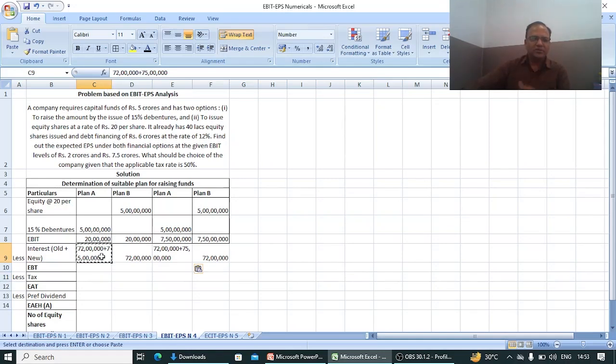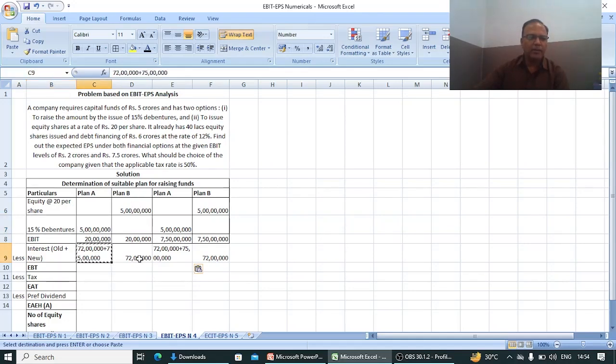Interest old plus new. It was given in the question that the organization has collected rupees 6 crore at the rate of 12%. So old interest is 72 lakh rupees, and right now the organization has collected rupees 5 crore at the rate of 15%. So new interest will be 75 lakh.